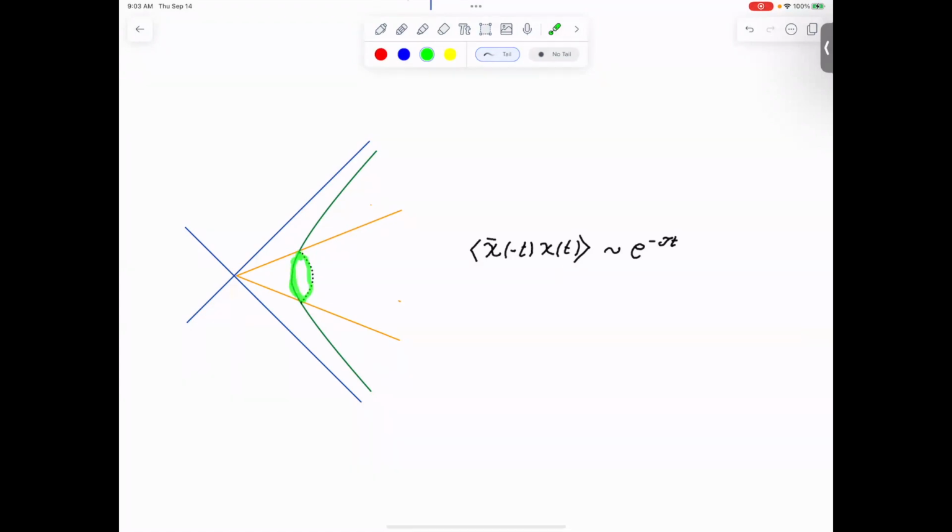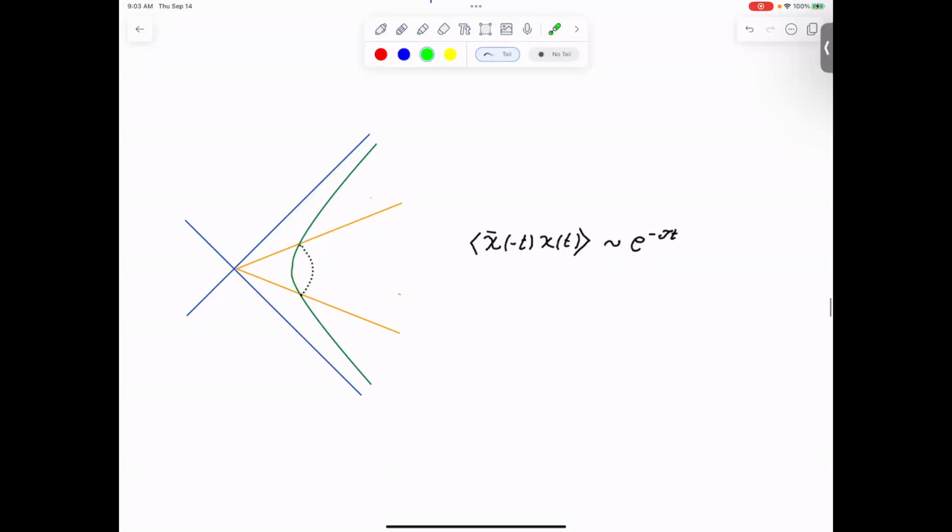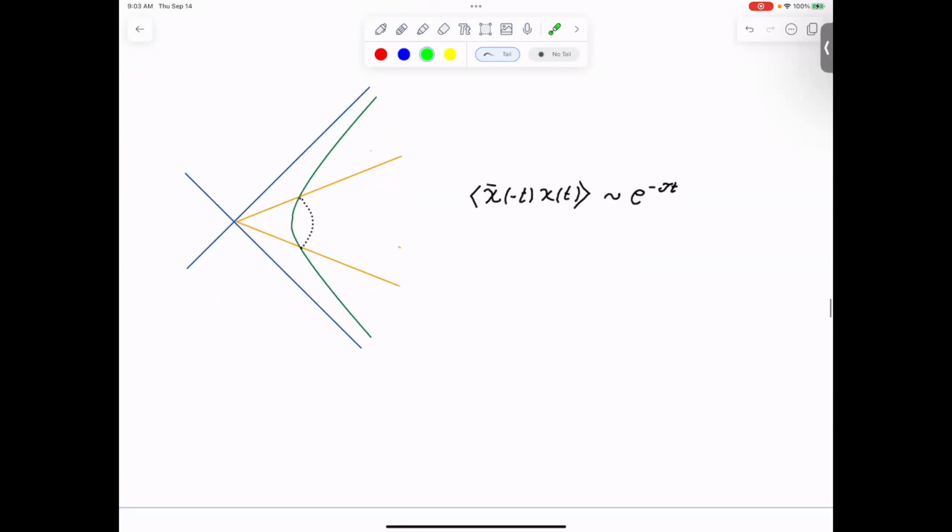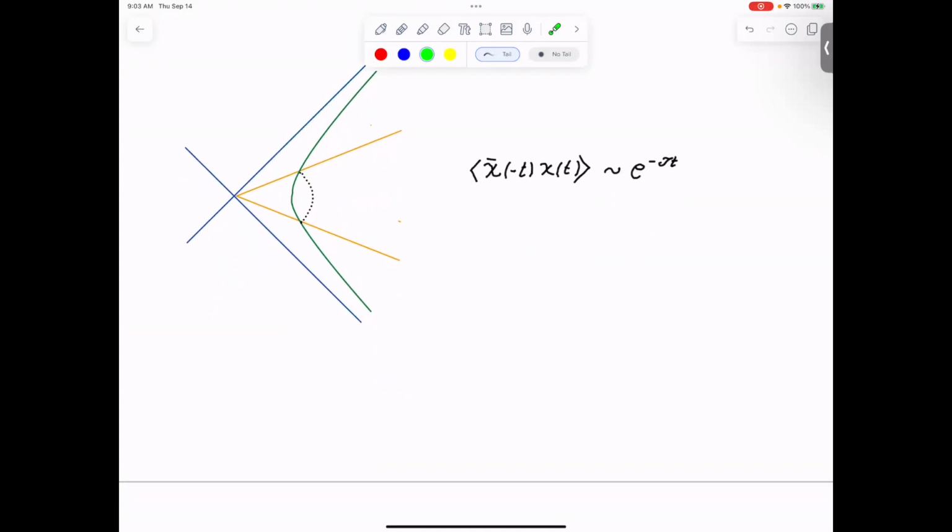This distance here is microscopic. How microscopic? It depends on where we put the stretched horizon. But if, for example, we put the stretched horizon at the string scale, then the distance that the fermion propagates away from the stretched horizon is microscopic, just equal to the string scale. I call that confinement. So if the correlation function decays like e to the minus Jt, that means the corresponding quantum never propagates more than a microscopic distance from the stretched horizon. Is that clear?